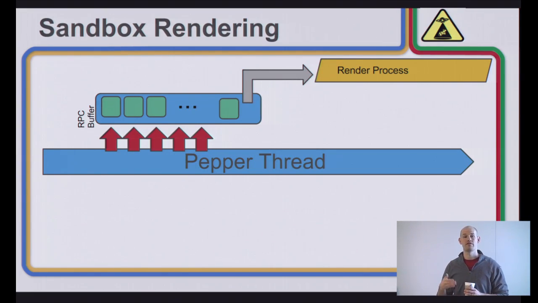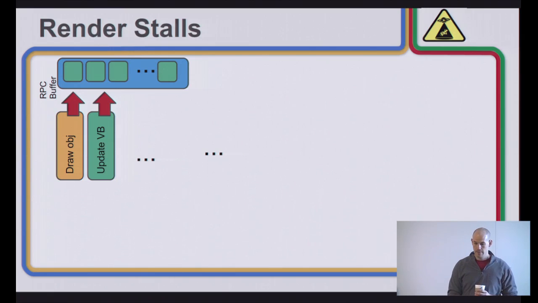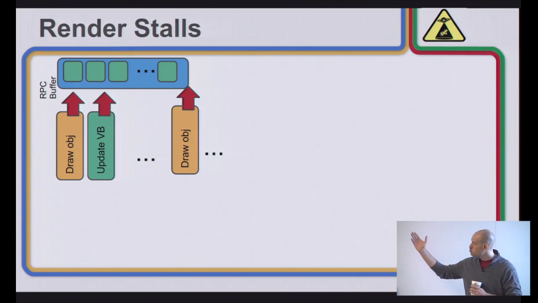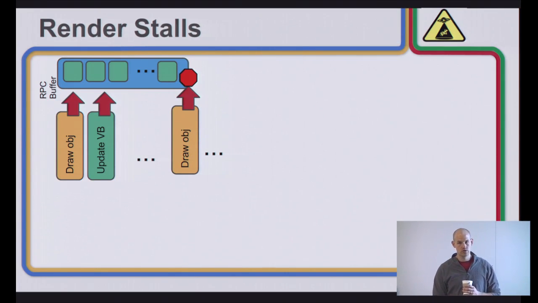This basically creates about a frame of latency in a producer-consumer FIFO that you need to be aware of. What happens with this FIFO is that your RPC buffer sooner or later will get full. So you draw an object, you update your vertex buffer, you go to draw an object again, and the buffer's full. Then it stalls.